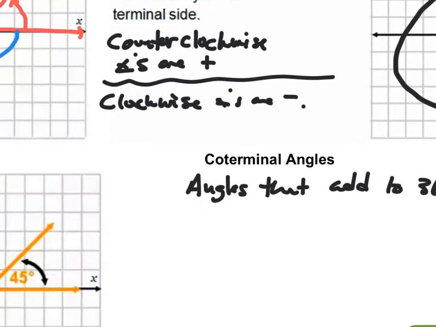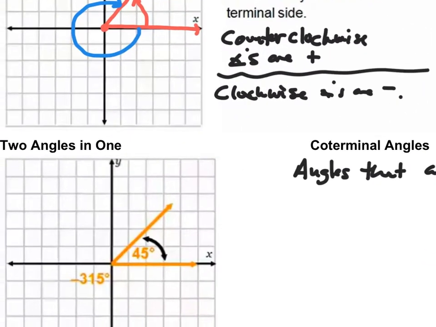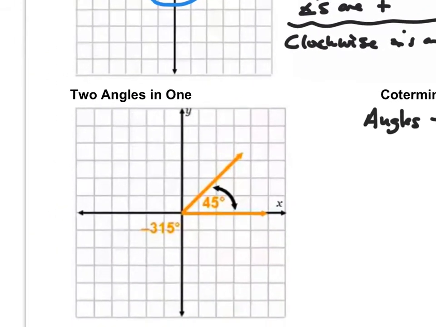When I look over here, I have two angles. We had that initial angle here that was a 45-degree angle. The vertex is at the origin. Our initial side is along the x-axis. But we also have this other angle here that starts at the origin and goes the other way.